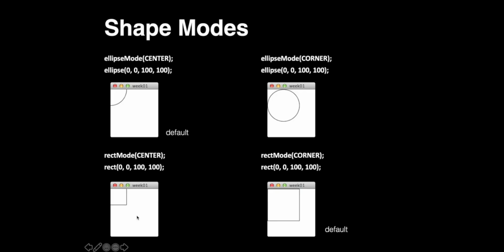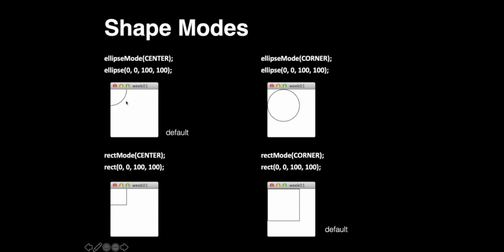Okay, so when it comes to ellipses and rectangles, there are functions for the modes for each one of these. So an ellipse and a rectangle can be drawn either at the corner or the center point. So by default, the ellipse is drawn at the center point and then out. And by default, the rectangle is drawn from the corner and down and to the right. If you wanted to override that, you can.